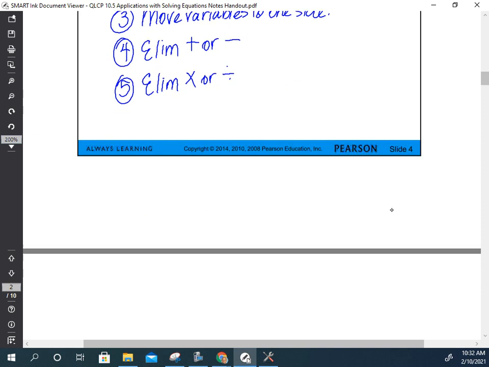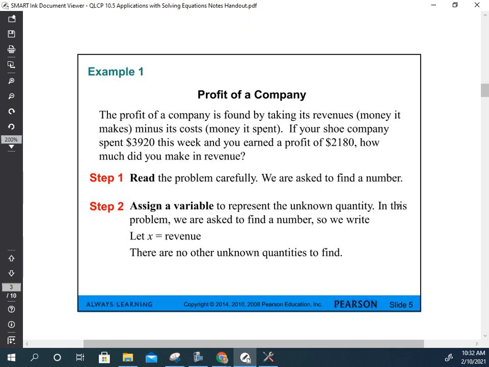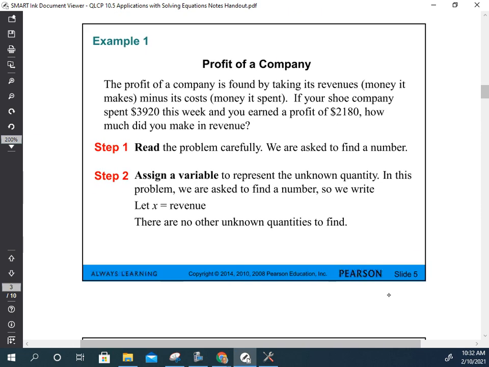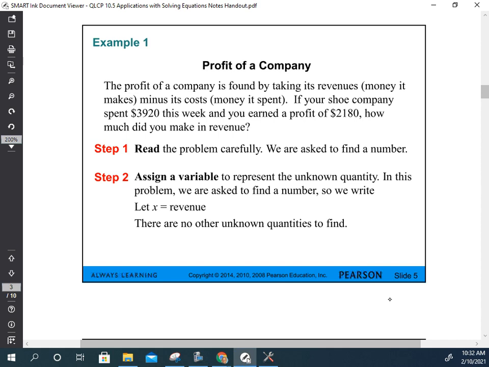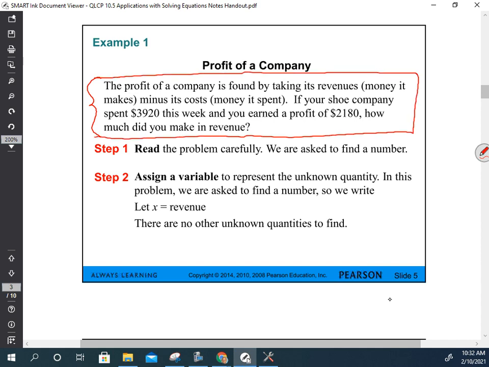So with that, let us begin with example number 1. First off, we give you a moment to read the problem so that you can get in the context. So take a moment to read the problem.